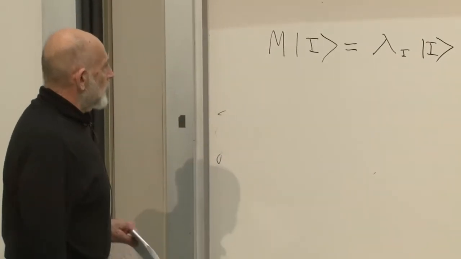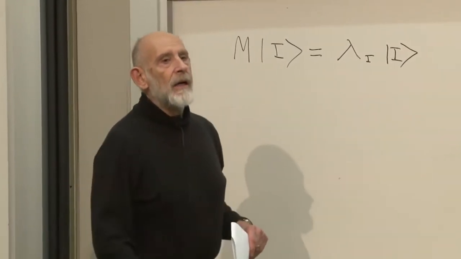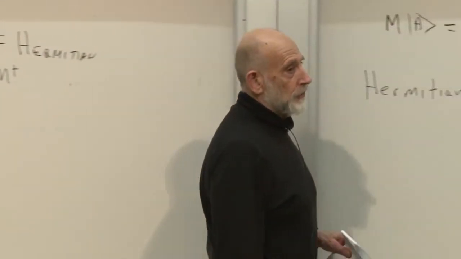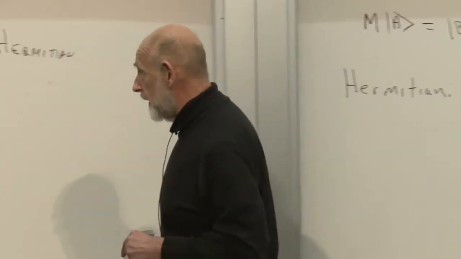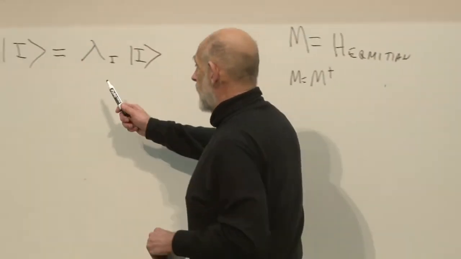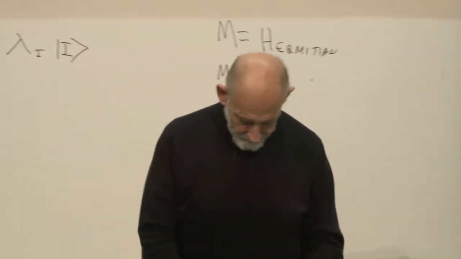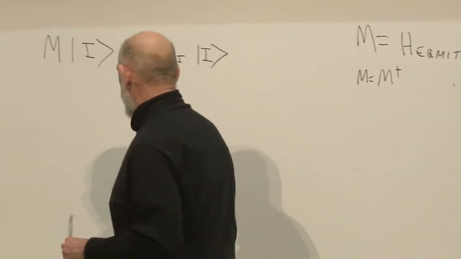Okay, let's suppose that M is Hermitian and it has an eigenvalue lambda i. The first observation is that the eigenvalues of Hermitian matrices are real. That even comes before what I said previously. If there is an eigenvalue, it is real. Okay, how do we prove that it's real? All right, let's prove that it's real.